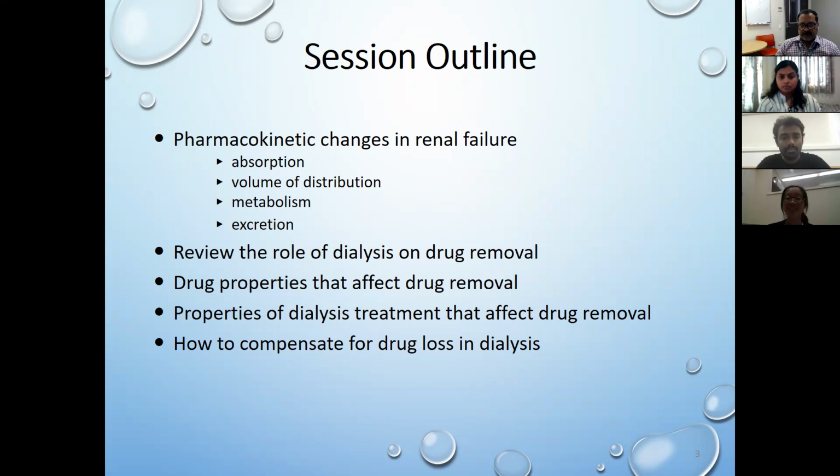Sometimes it's wanted, sometimes unwanted. Then drug properties that affect drug removal, properties of dialysis treatments that can change drug removal, and how we can then manage or compensate for drug loss in dialysis so that patients are still getting effective treatments.